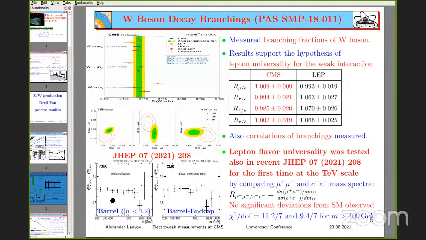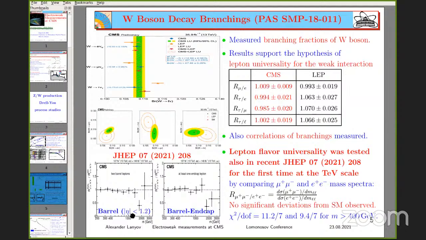And what is plotted here is the ratio of cross sections of the dimuon and dielectron channels as a function of the mass of the leptons. So the left plot is for barrel leptons, and the right plot is for the case where at least one lepton was in the endcap.